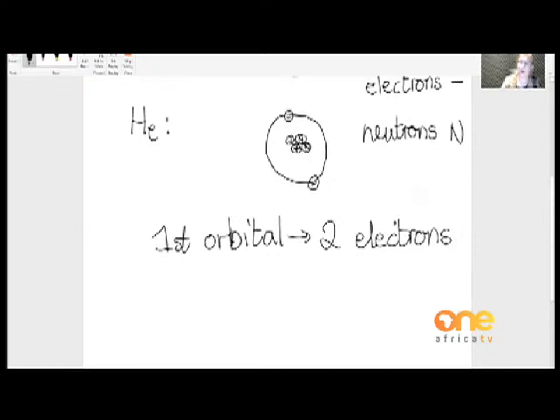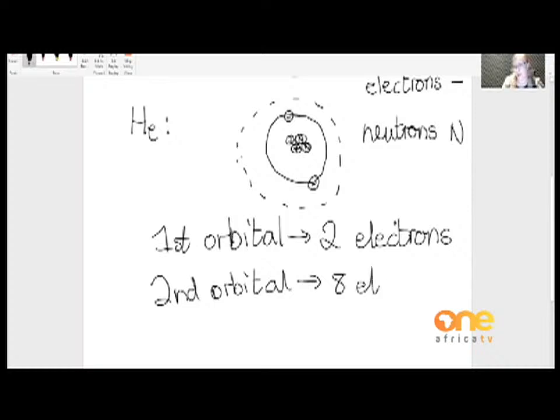So now, if we want to put another electron into this atom, then the electron will not be able to go and sit in this orbital. It'll have to go sit in the next orbital around. So our second orbital can hold a total of 8 electrons.